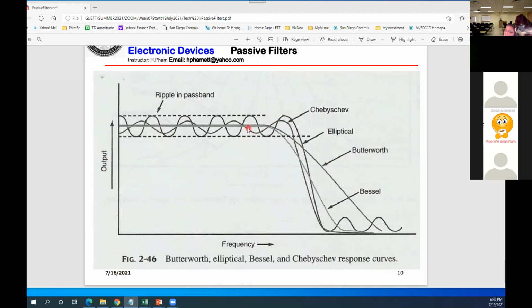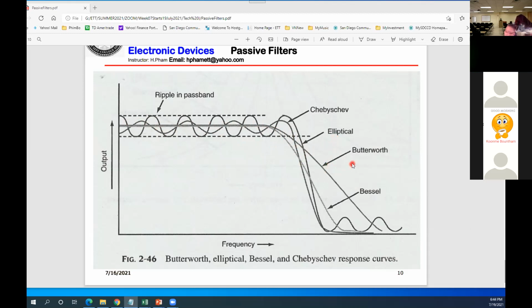The cutoff is very good, better than the others, however it is too noisy. How about elliptical? The cutoff is not as good as this one, but it is not as noisy, right?